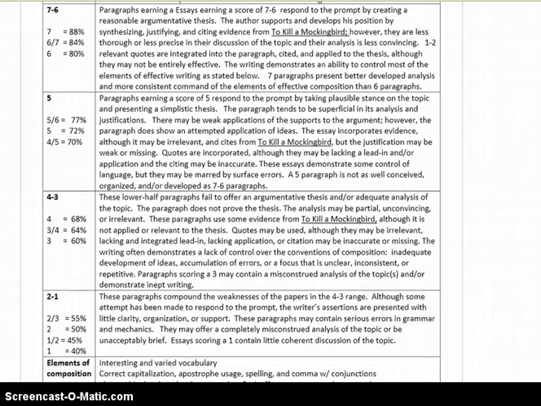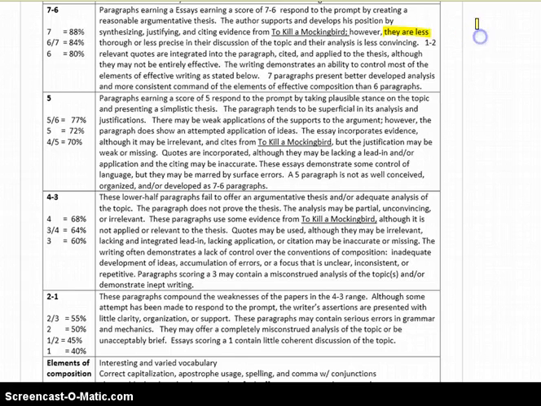A B paragraph, or a 7-6, earns a score of a 7 to 6 by responding to the prompt by creating a reasonable argumentative thesis statement. So these thesis statements are not quite as strong as the thesis statements in a 9 or 8 essay. The author supports and develops his position by synthesizing, justifying, and citing evidence from To Kill a Mockingbird.